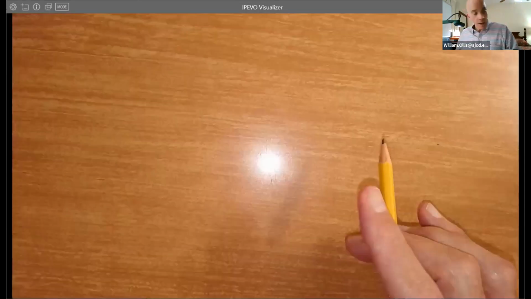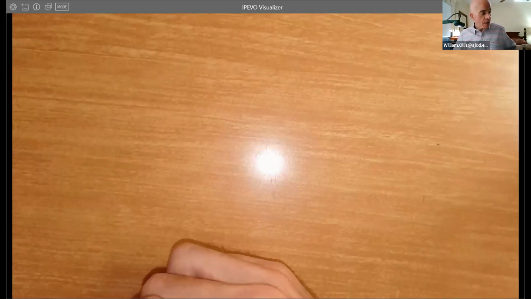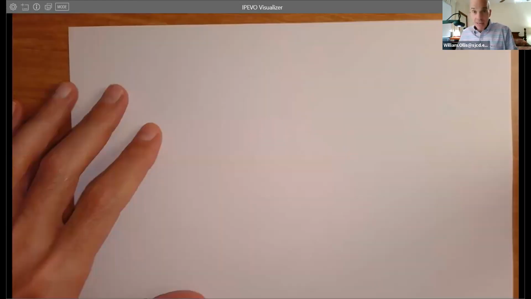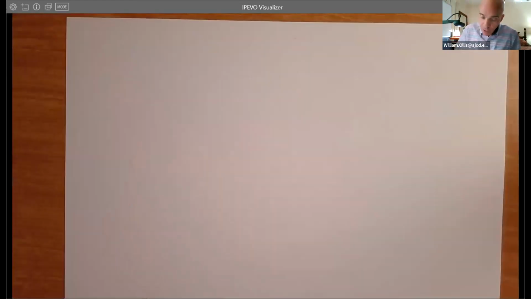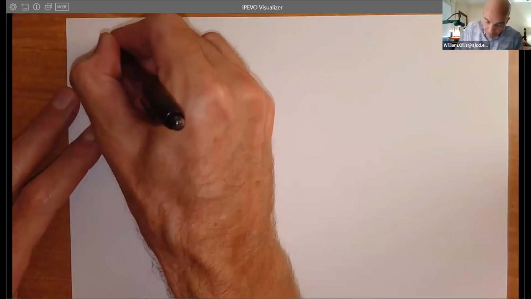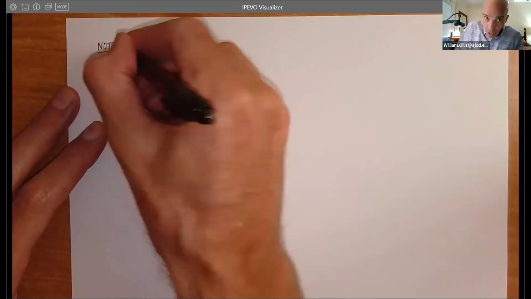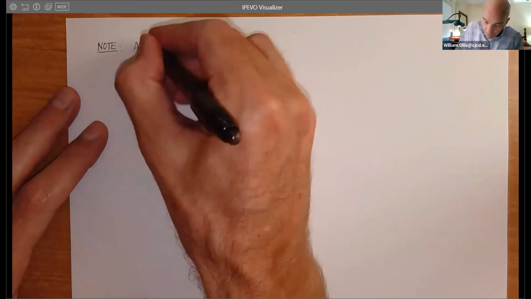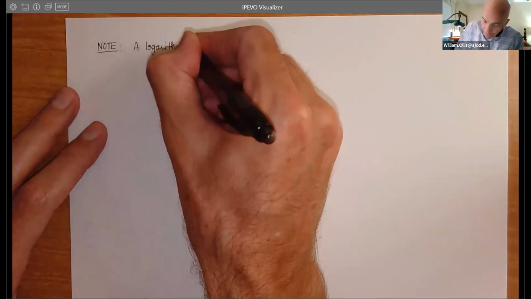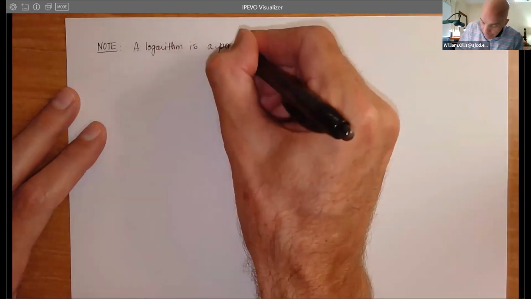So now we can do some basic simple calculations. Now you're thinking, is it always easy to find the power of the base? Maybe, maybe not. So for instance, note a logarithm is a power of the base.